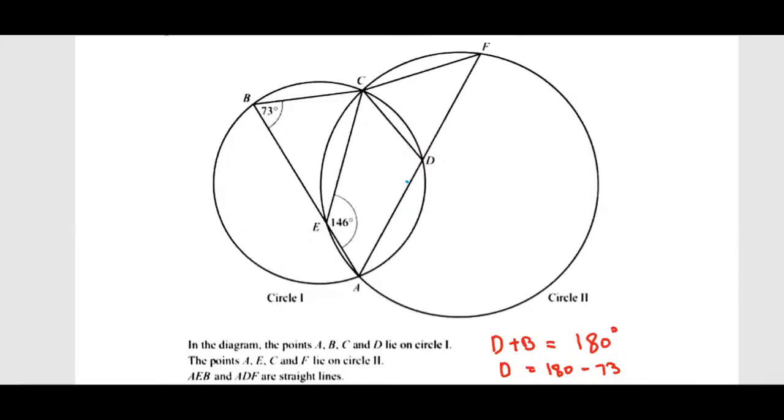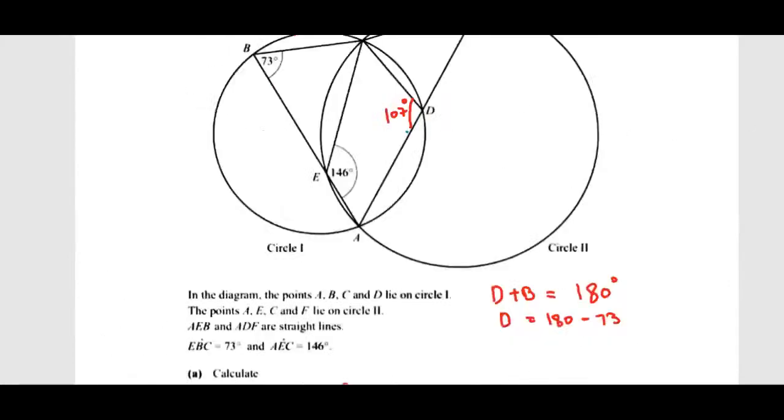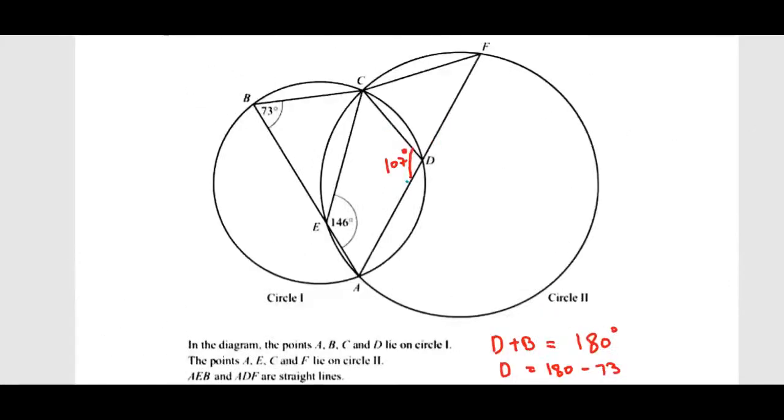Okay, this is the drawing, right? And we have calculated this angle to be 107 degrees. The next part says you need to calculate CFA. Okay, CFA. That is this angle. Think about it again. CFA.